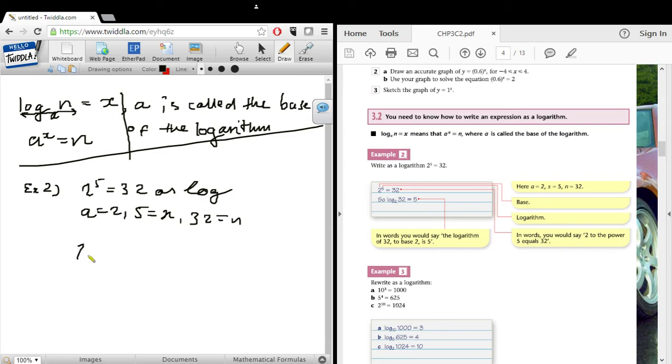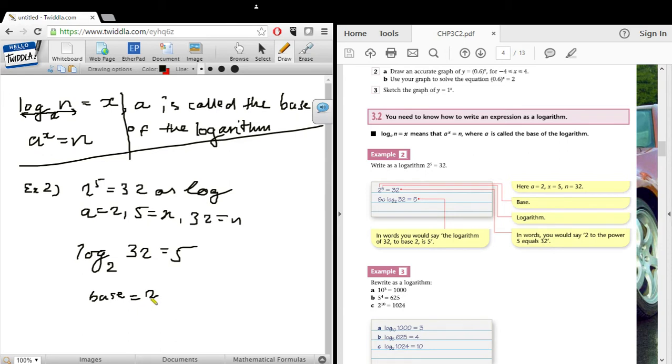So how do you write it? You write log base 2 of 32 equals 5, which is what you can see here. And the base, a, is going to be equal to 2.